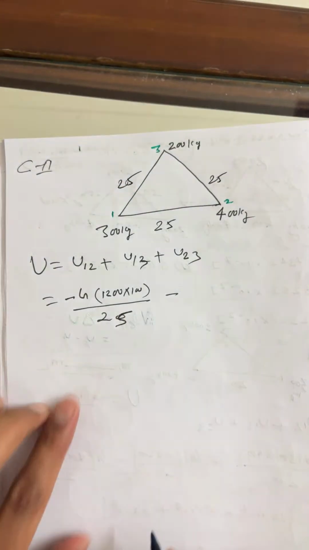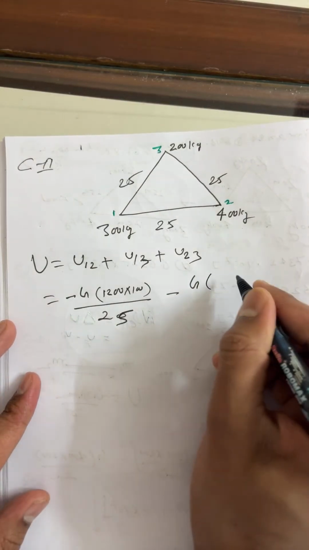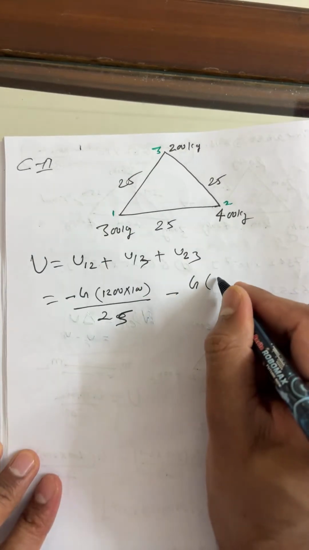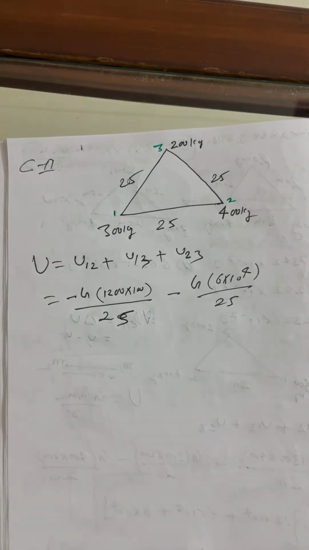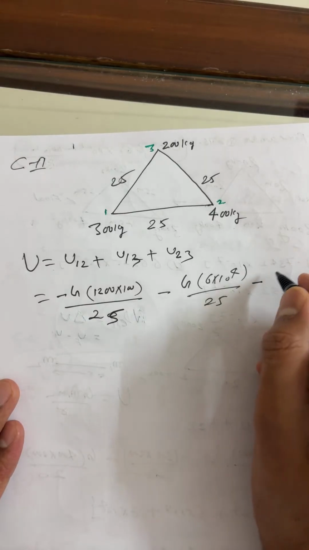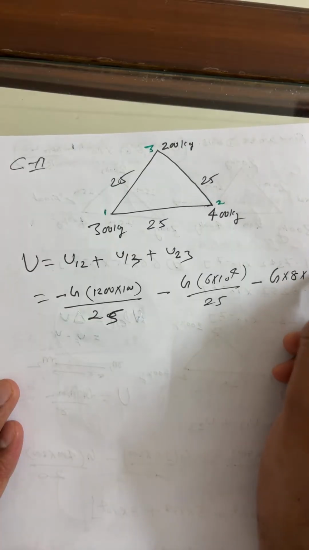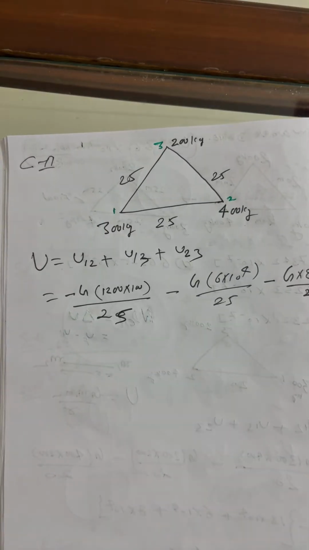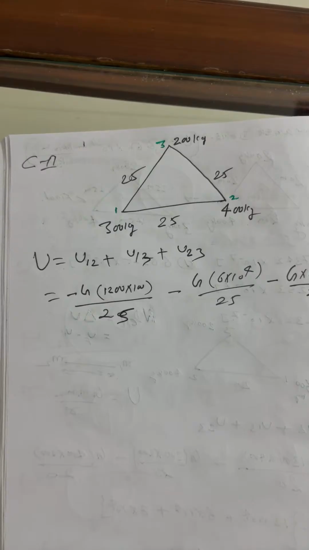This is basically the change in this question. 25, minus G into 3 to the 6 into 10 to the power 4 upon 25, then minus G into 8 into 10 to the power 4 upon 25. Right, then further we can solve here for getting the answer of this question.